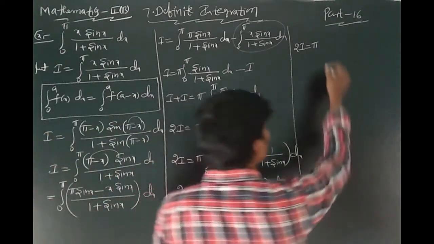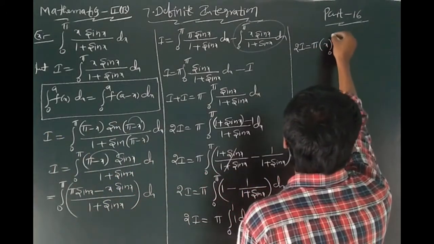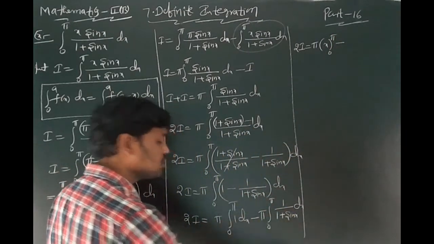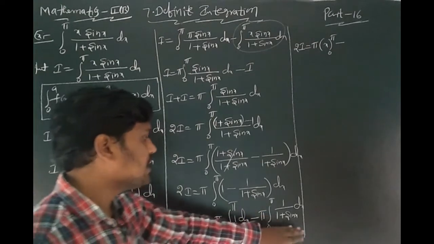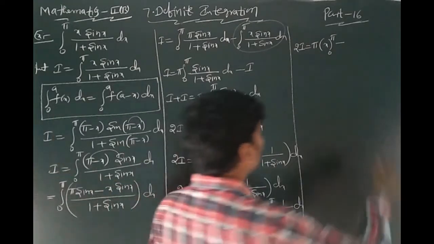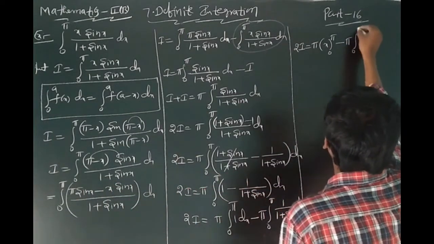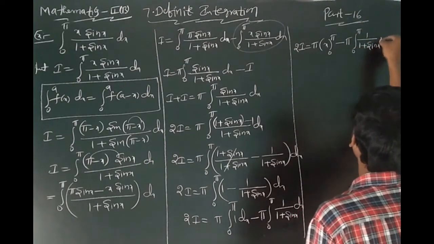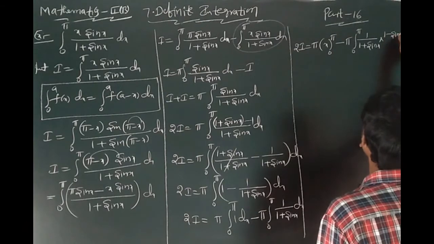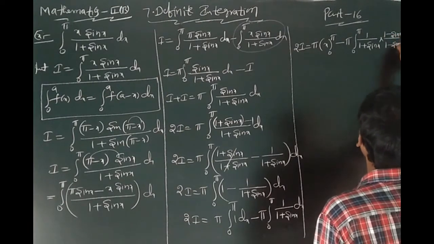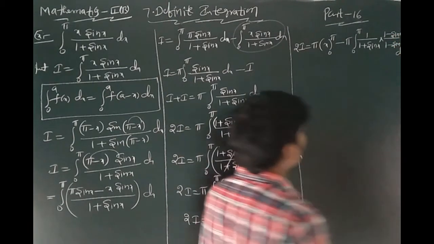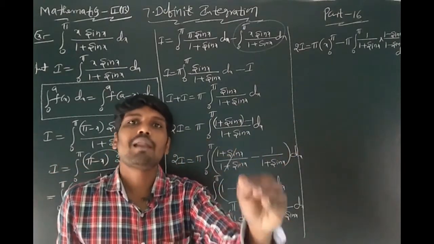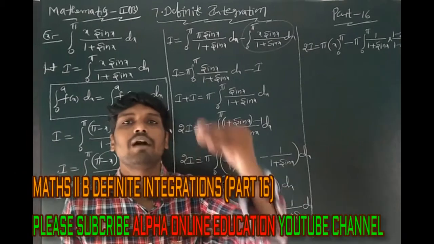Integration of 1 is x, from 0 to pi, where the upper limit is pi, minus pi, which is common, integral 0 to pi of 1 by 1 plus sin x into (1 minus sin x) by (1 minus sin x) dx. Here, for the term 1 by 1 plus sin x, multiply and divide with 1 minus sin x.